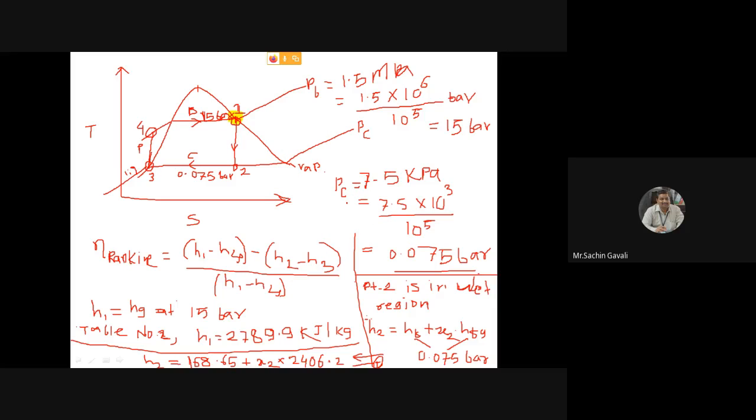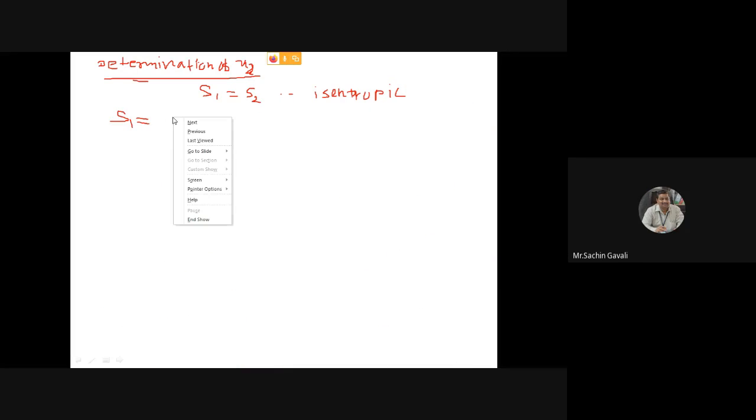Like H1 was Hg at 15 bar, similarly S1 is equal to Sg at 15 bar. It is in the dry and saturated condition. Point number 1 condition is dry and saturated. Therefore, S1 is equal to Sg at 15 bar.